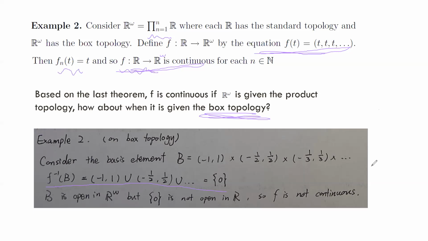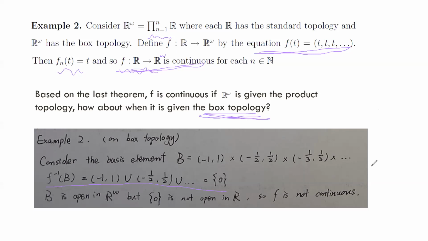But if you take the pre-image of this set B, the only t such that f(t) is in B is 0. Otherwise, f(1), f(2) are not in this B. So the only element that you can guarantee is in this B is 0. Only one number is in the f inverse of B.